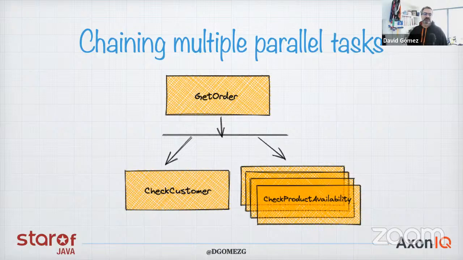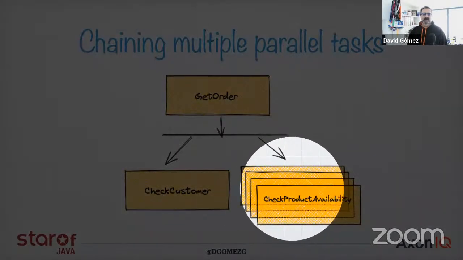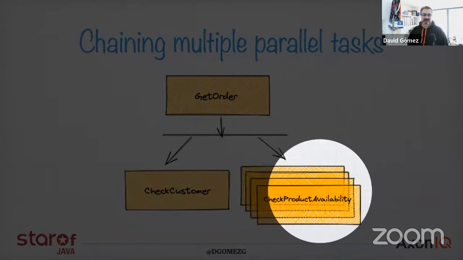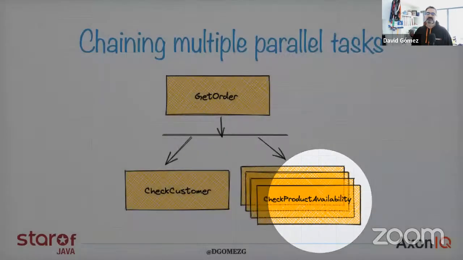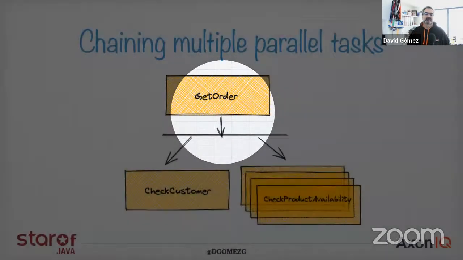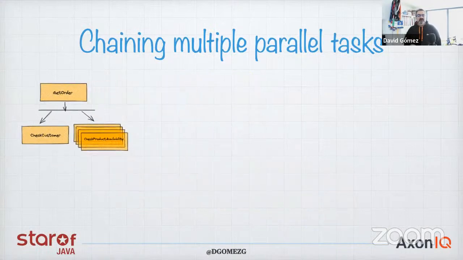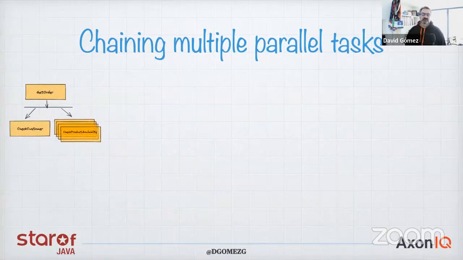In that case, we could find that we are going to take, like, I don't know, 5, 4, 10 different checks that could be executed in parallel. But we don't know how many of them until we get the information on the order. Well, we can also do this using CompletableFutures.